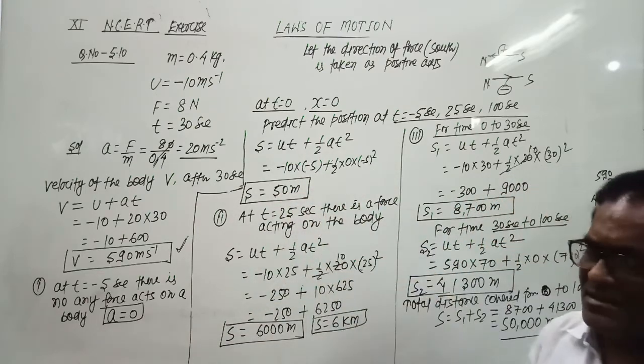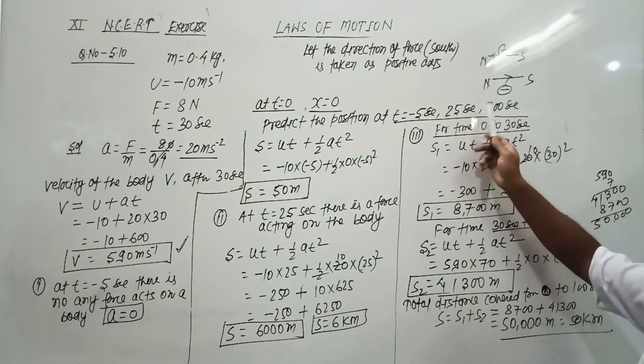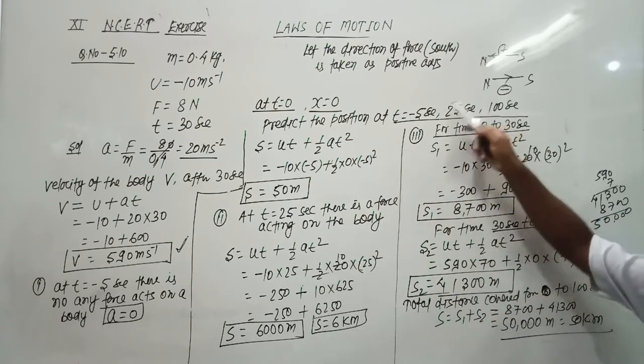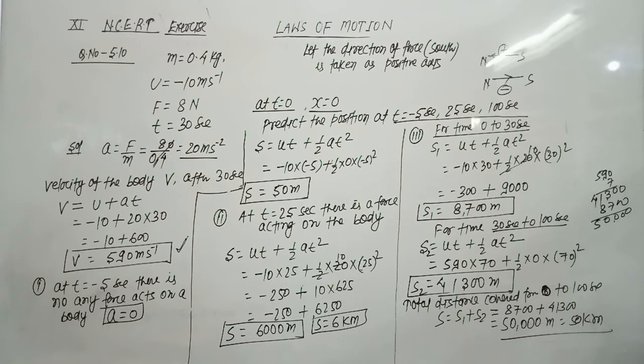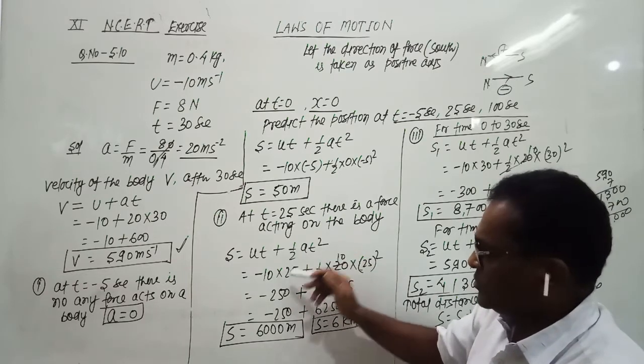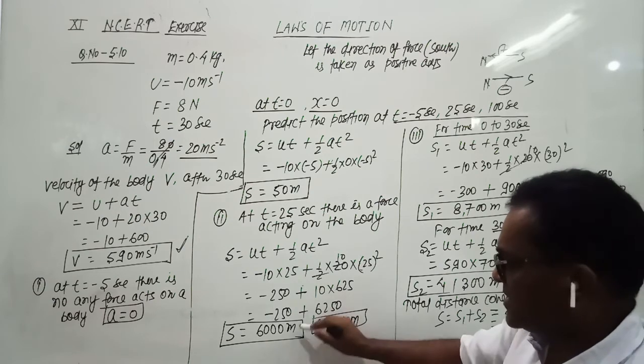We get the distance 50 meter at time t equals to minus 5 seconds. Now for time t equals to 25 seconds, since between 0 to 30 seconds the force is acting on the body, acceleration must act, and we use the formula s equals to ut plus half at square. Till up to 30 seconds the speed was minus 10 meter per second.